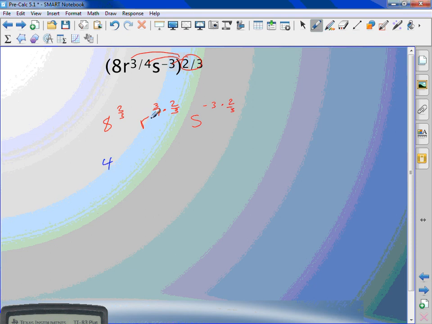All right, I'm going to try to simplify this right here. What do I get when I do 3/4 times 2/3? Simplified, it is half. So I have r to the half. What do I get here? I don't get half.